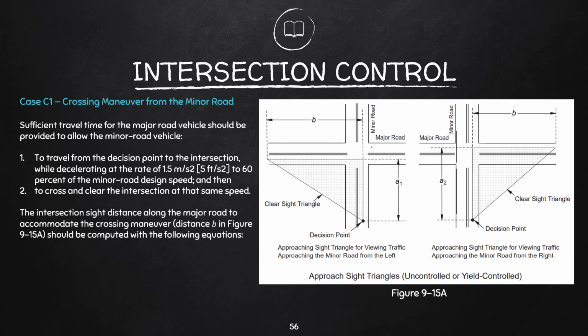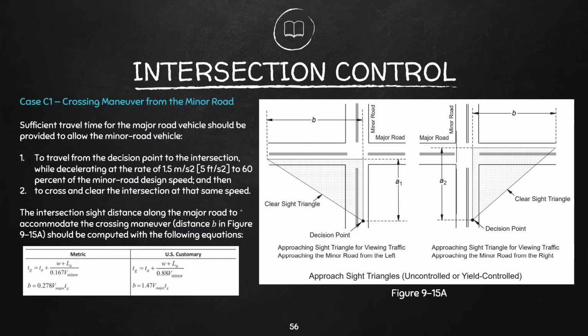The intersection side distance along the major road to accommodate the crossing maneuver, distance B in figure 9-15A, should be computed with the following equations.